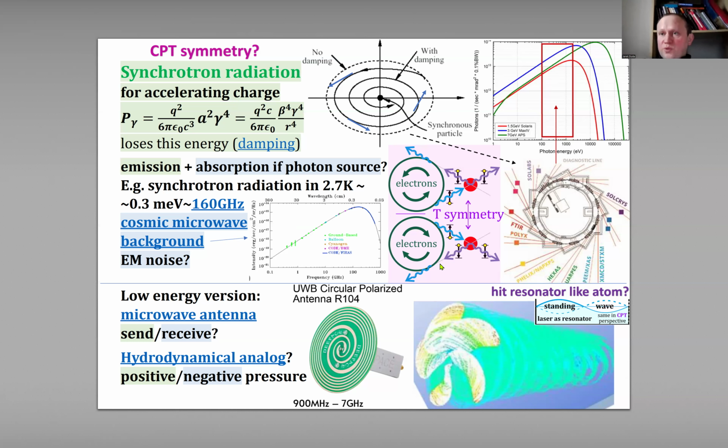So I will show more arguments. One more is this hydrodynamical analog, which mathematically should be very similar. If we have this marine propeller, it creates these waves which are like photons. They are very similar to photons, carrying energy, momentum, and angular momentum. And it can work both ways: we can reverse the rotation and we reverse the pressure.